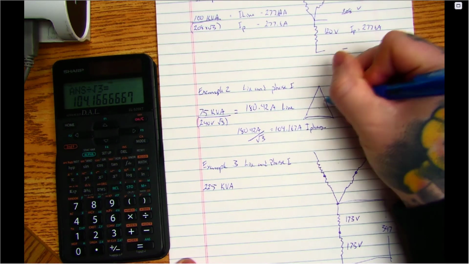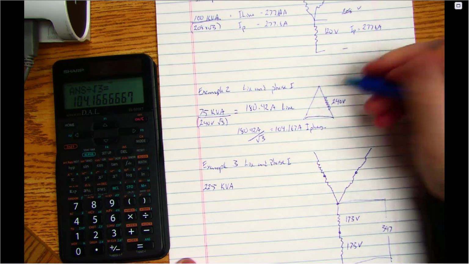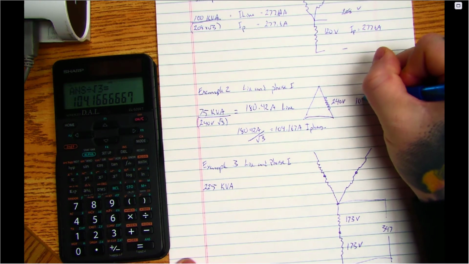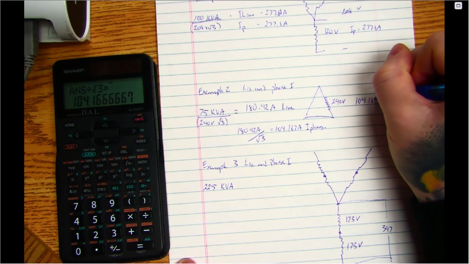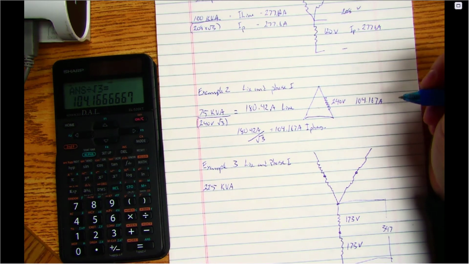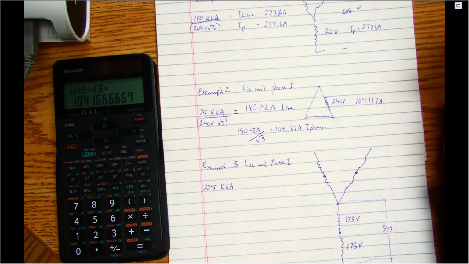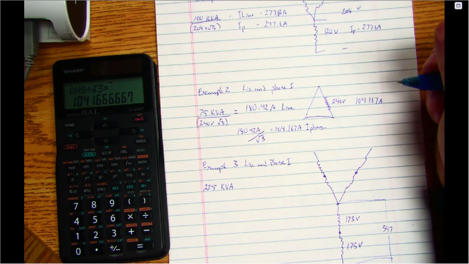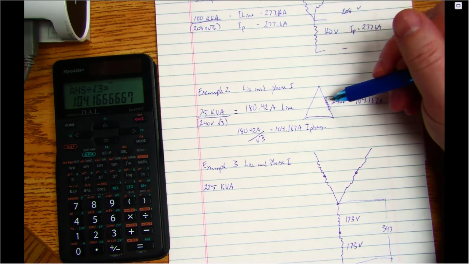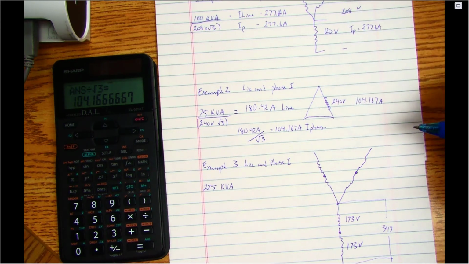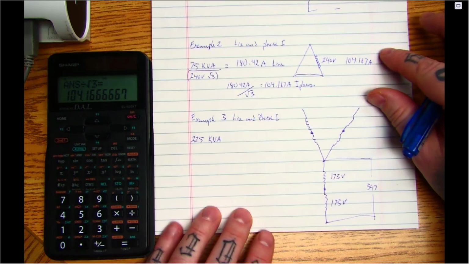On my winding here on a phase level, my winding is seeing 240 volts, and it's also seeing 104.167 amps. So again, whether I have them hooked up in Y or delta is going to dictate potentially the current flow going through it, based on our rules for Y and delta.